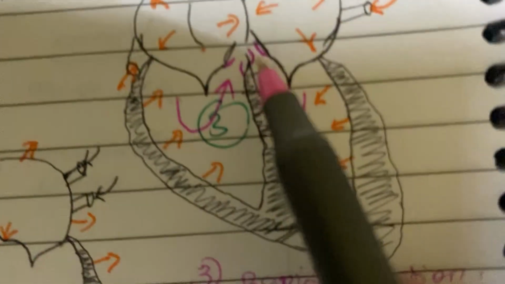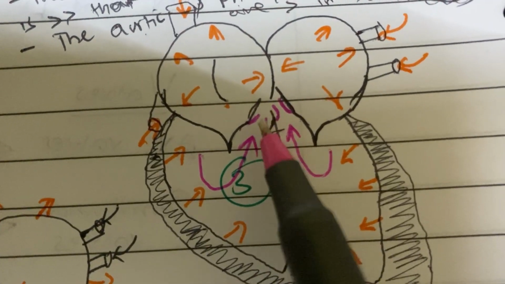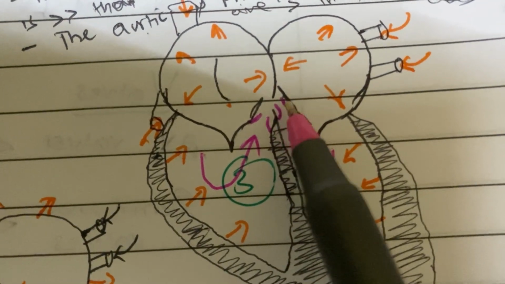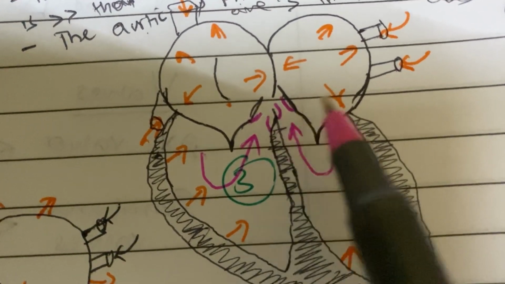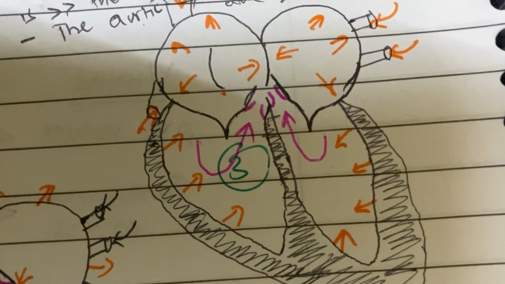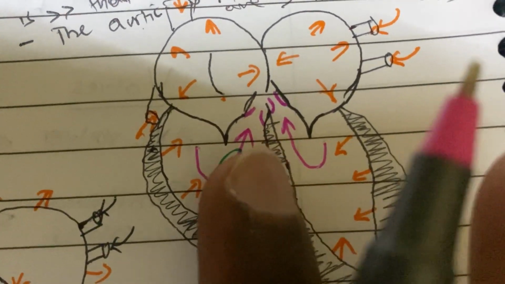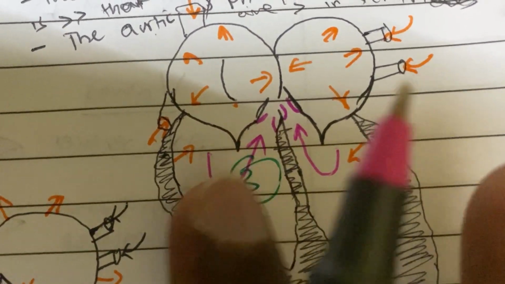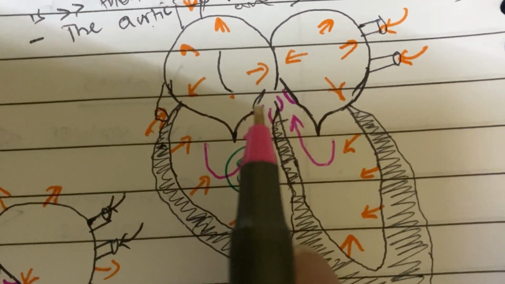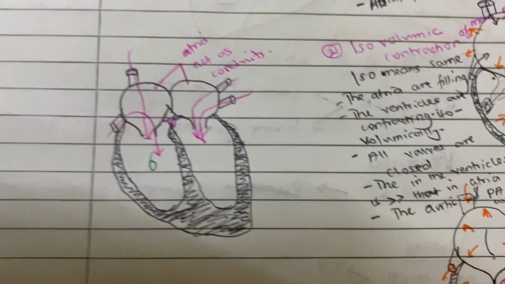And if you see these valves, we said an open valve appears like this. So when you are drawing, if you are answering a question, you have to answer something like this. Here, closed valve.